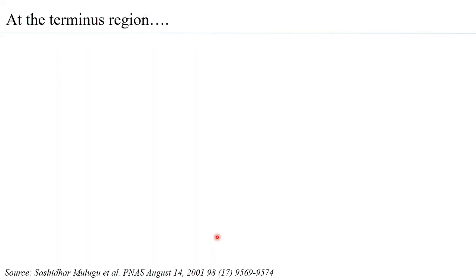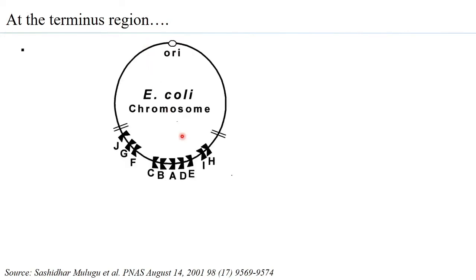So let us look at what the structural implications are at the terminus region of the E. coli DNA. So when you observe E. coli, as it is a closed circular DNA and it has an origin of replication oriC, what has already been understood is that at the oriC, the DNA is going to unwind to form a replication bubble.